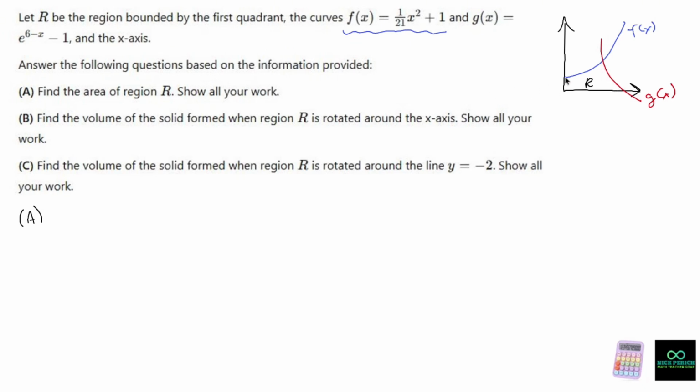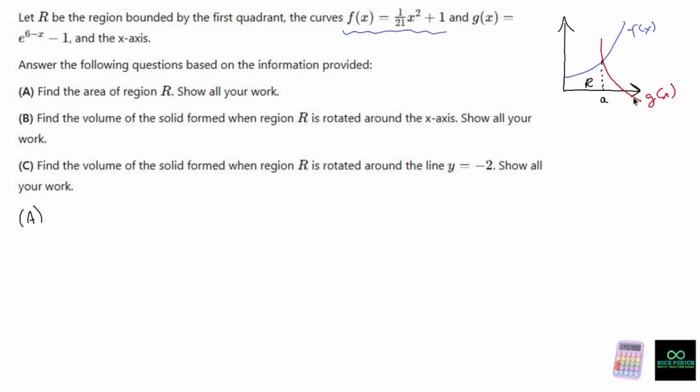So issue number one is, if I wanted to find this area, I'm splitting this into two parts, and this is how I'm going to handle all three of these problems. The intersection of the blue and the red here, I'm going to call A for now.